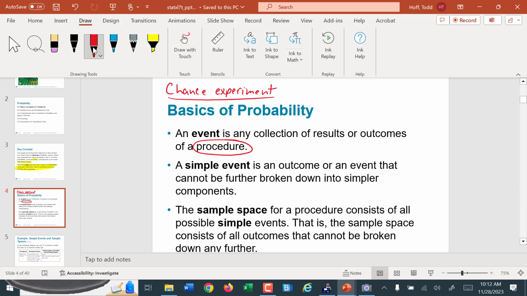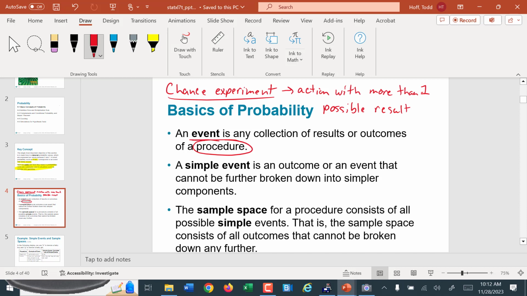So if you hear me use the term chance experiment, I'm talking about that procedure. And it is simply an action with more than one possible result, and we cannot predict which result will occur.